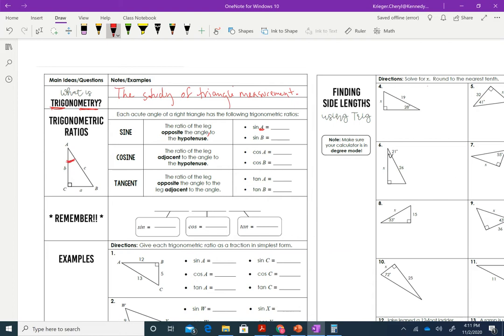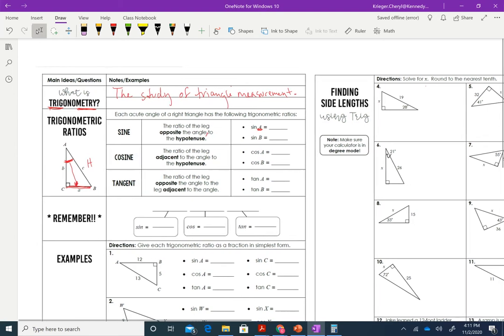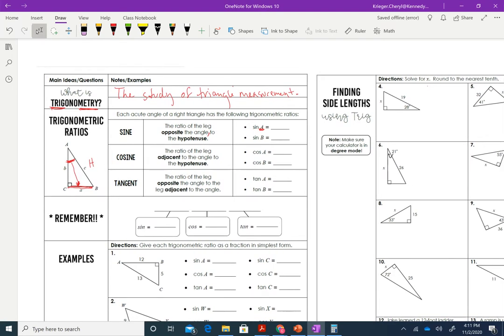If we are referencing angle A, the leg opposite angle A is side CB, the little a. Our hypotenuse is side length C. So sine of A is A over C.